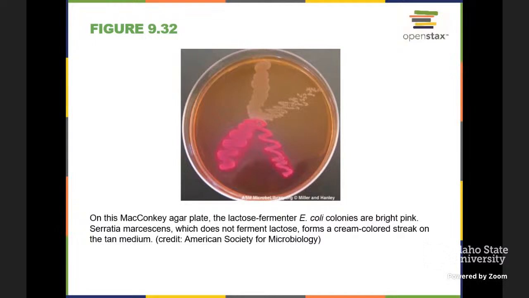They can't replicate, so they die. The crystal violet inhibits their growth, right? But the gram negatives, with their outer membrane, crystal violet does nothing to them on these plates, and they're able to proliferate. So it's selective by that crystal violet, and it's differential by the lactose that allows us to tell the difference between these two gram negatives.